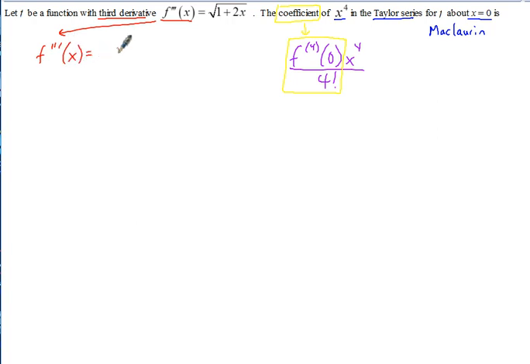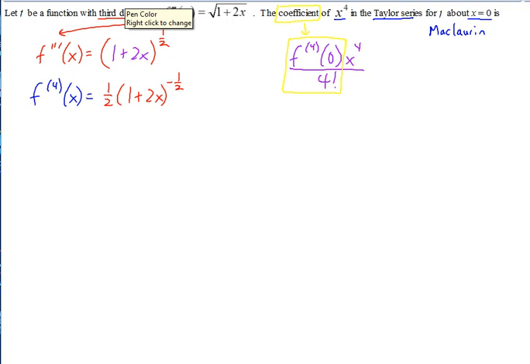The third derivative is the square root of 1 plus 2x. That's the same as raising it to the 1/2 power. And then we can take the derivative of the third derivative to get our 4th derivative. We'll bring down the 1/2, so it'd be 1/2 using the power rule, 1 plus 2x to the negative 1/2.